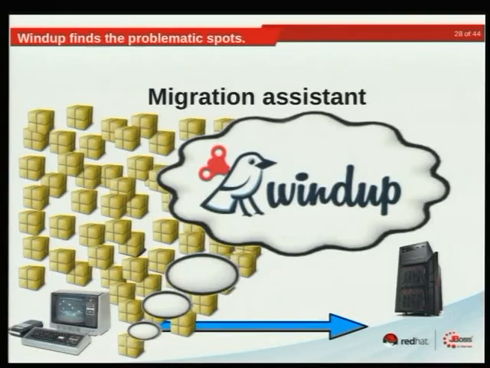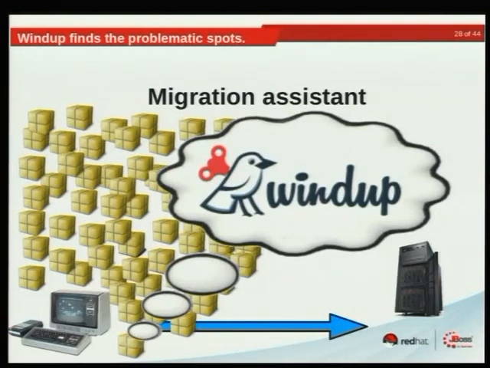You would call Windup. You would download Windup and try it with Windup. Windup is a tool which is exactly for this situation. You will run Windup against your, let's say, ear, which is in Java a bunch of applications somehow interconnected.